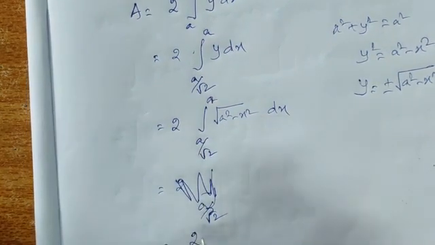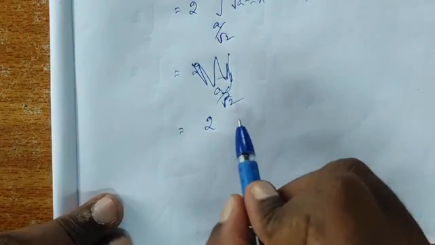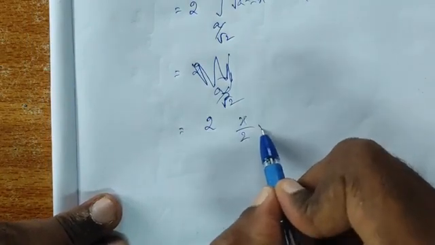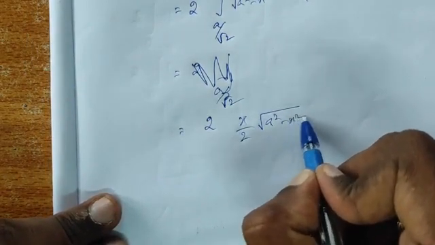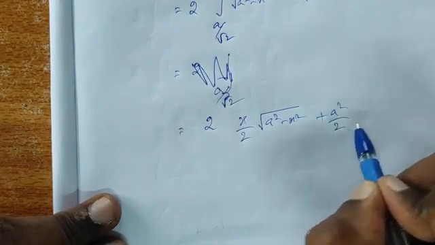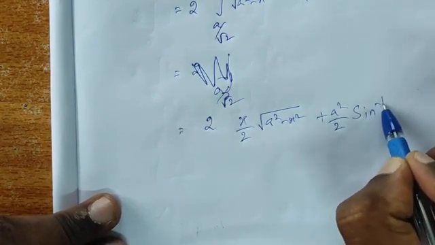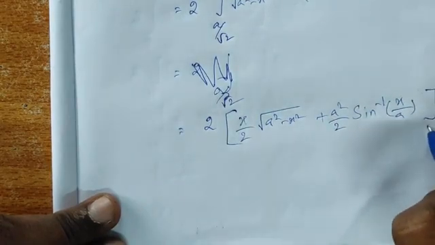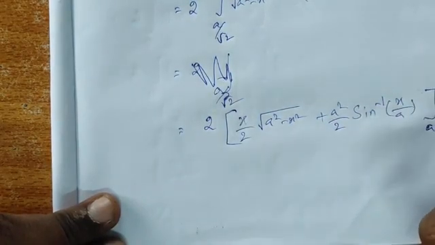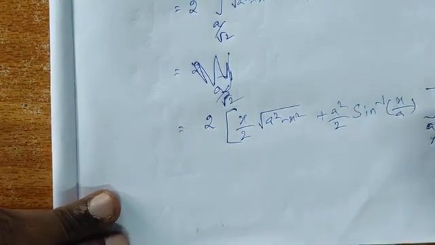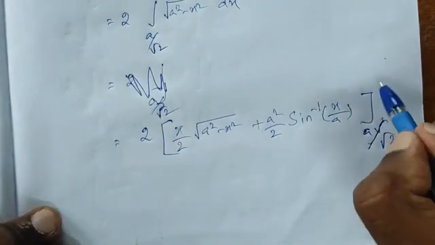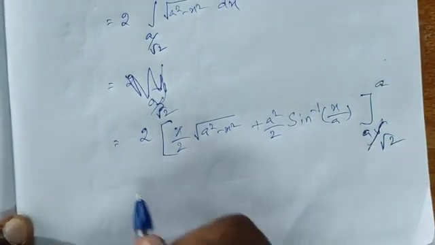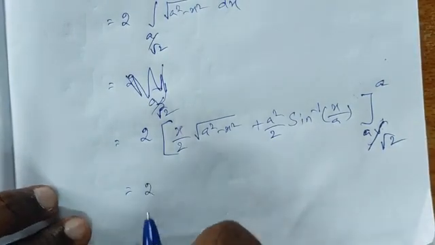So 2 into the formula, we can write x by 2 into root of a square minus x square plus a square by 2 into sine inverse of x by a, from a by root 2 to a. So this is equal to 2 into, apply the limits.